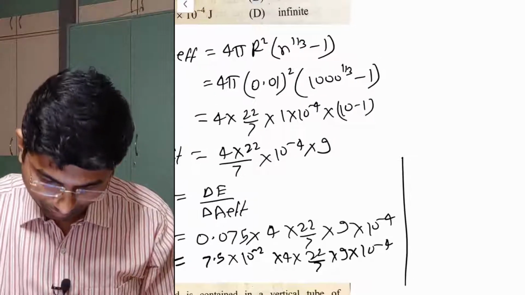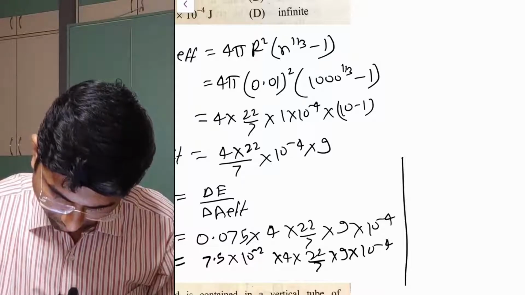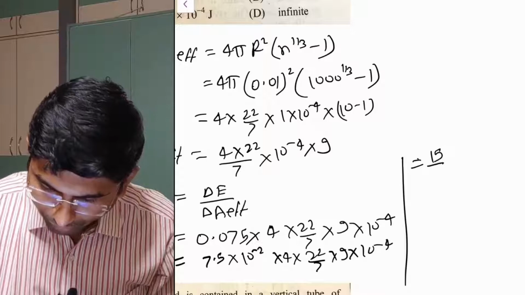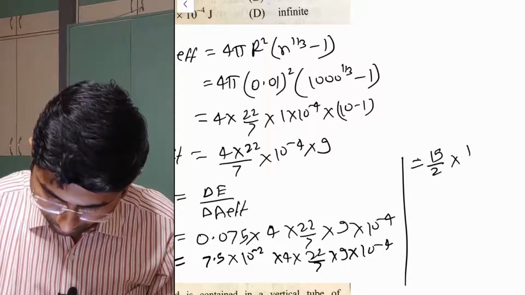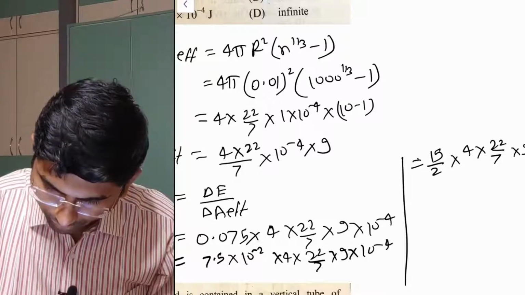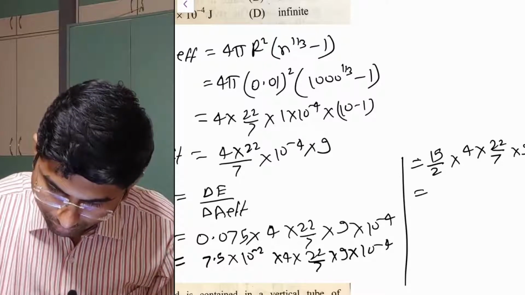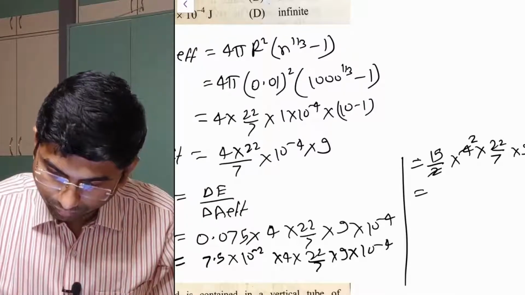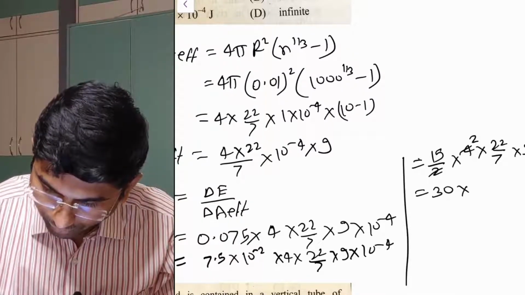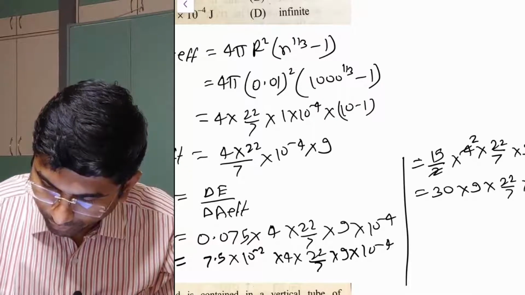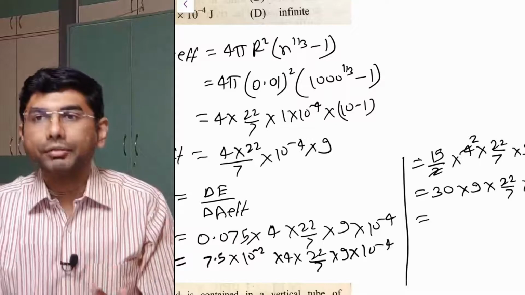Writing it here. 7.5 can be written as 15 upon 2 into 4 into 22 by 7 into 9 into 10 to the power minus 6. 30 into 9 into 22 by 7 into 10 to the power minus 6, and I am just giving you the final answer.